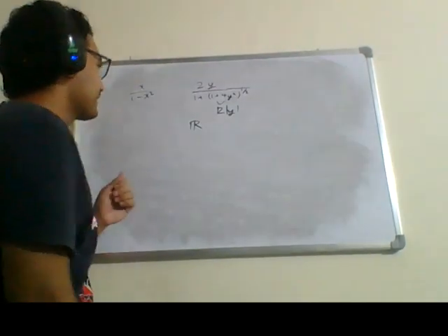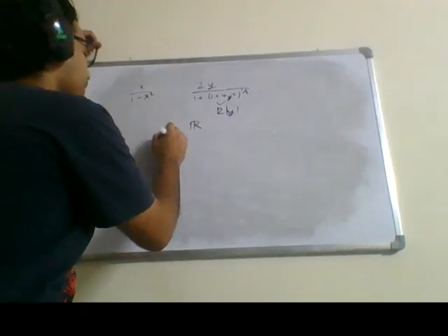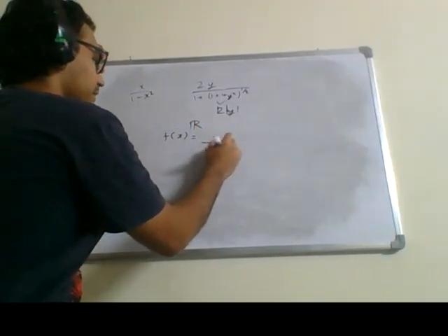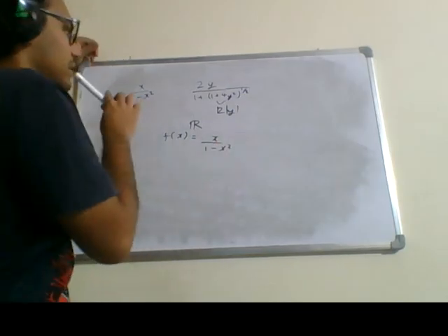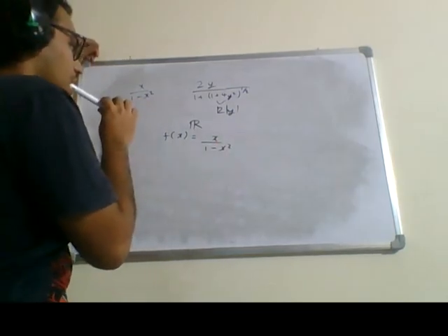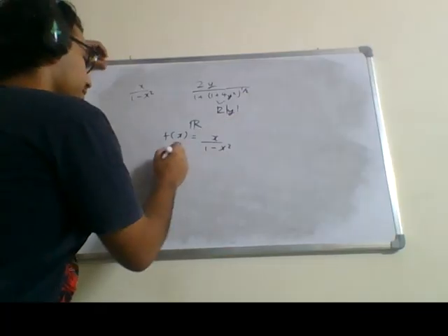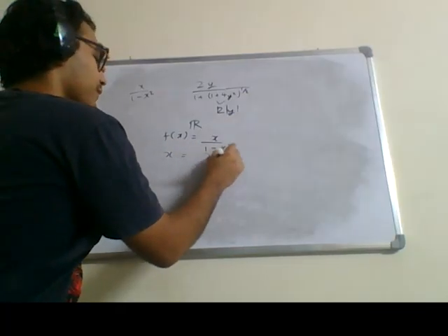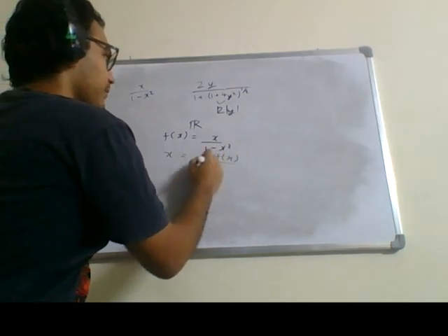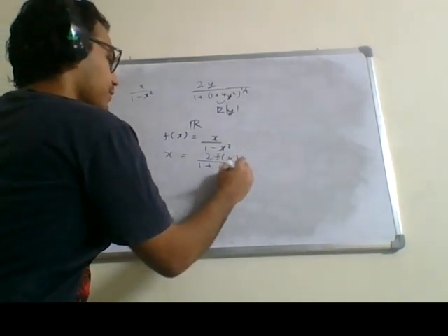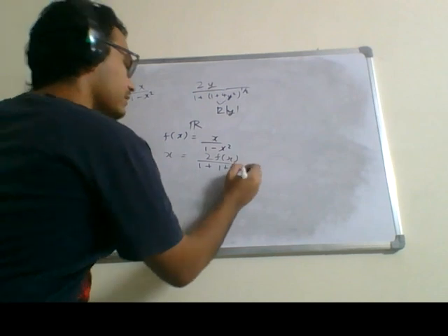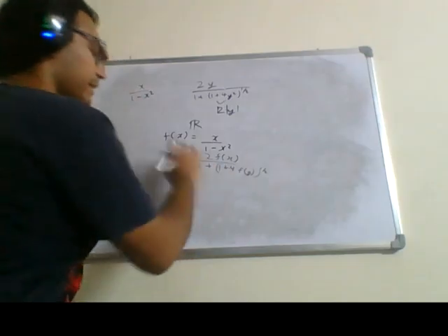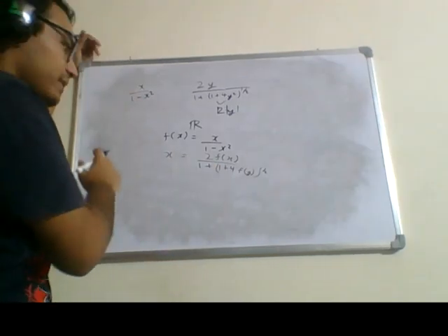Let f of x be equal to x upon 1 minus x squared. So from all the algebra, we'll derive that x is precisely equal to 2 f of x upon 1 plus square root of 1 plus 4y squared. This we're arriving at from the quadratic formula I just used earlier.